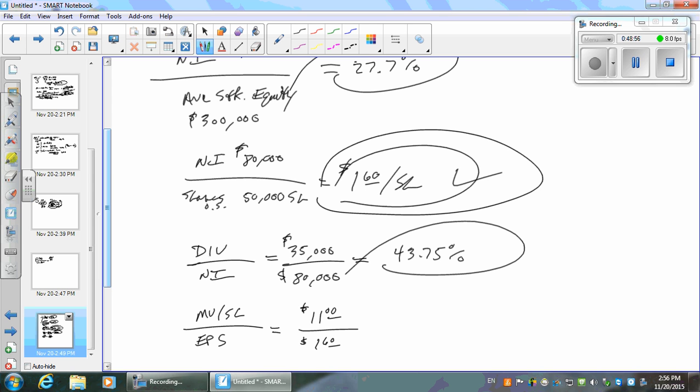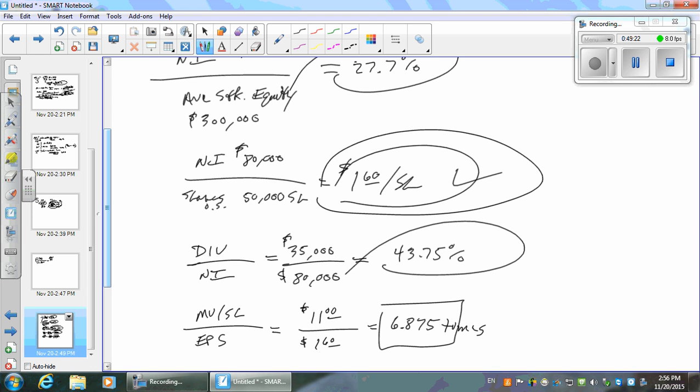What's the price earnings ratio? $11 divided by $1.60 is 6.875. So it's 6 to 7 times, the number of times. Does that sound right?